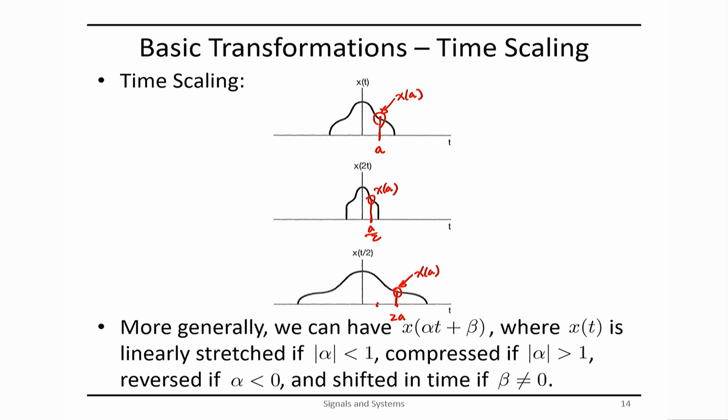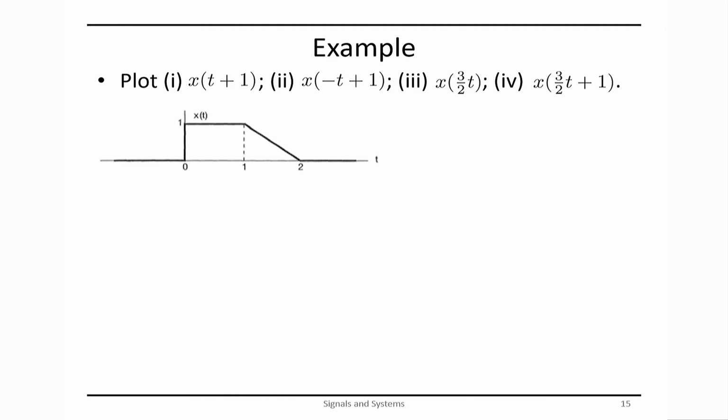So let's look at an example here. Suppose that our original signal x of t looks something like this. So this is 0 and rises up to 1 at the origin, then gradually decays to 0 after 1.